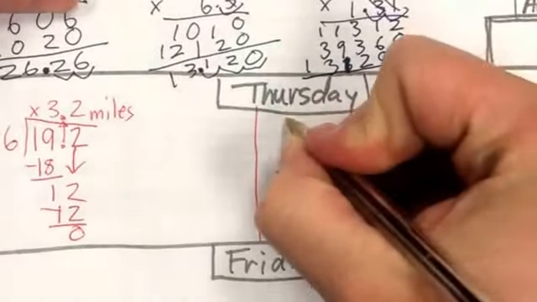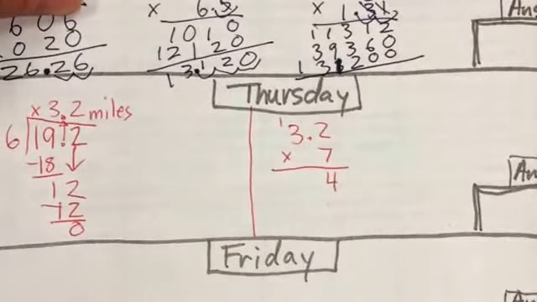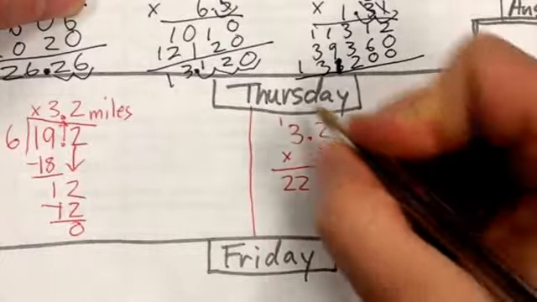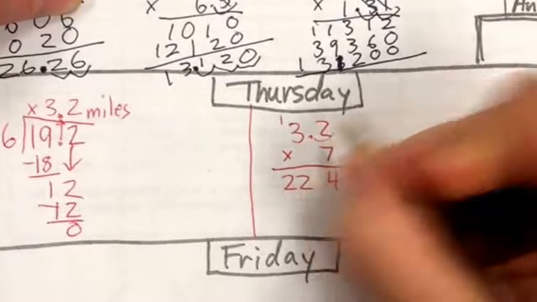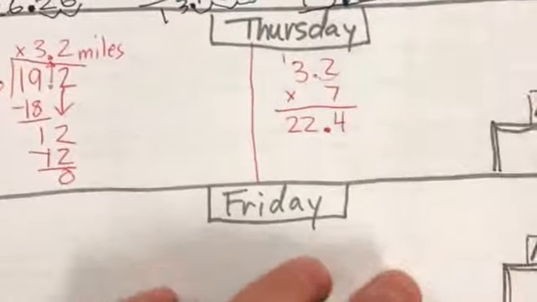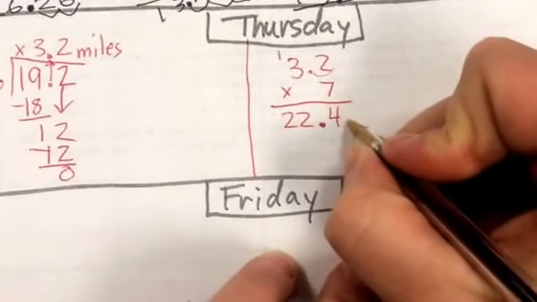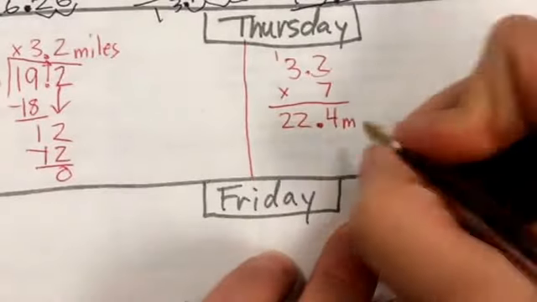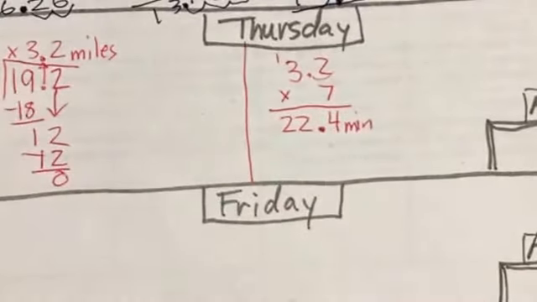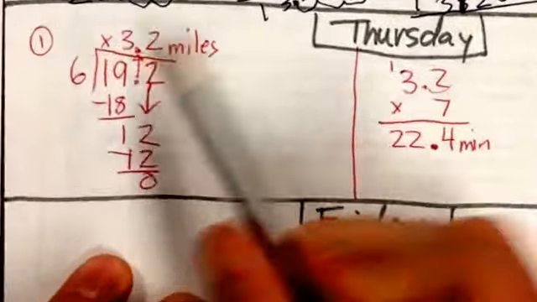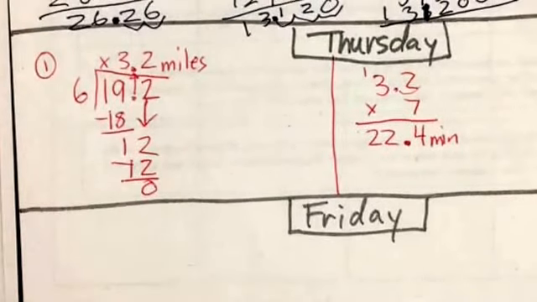You put your 4 down, you carry your 2. 7 times 3 is 21, plus 1 is 22. And then I have 1 decimal place in my problem, so I have 1 decimal place in my answer. So to run one race, it took him 22.4 minutes.